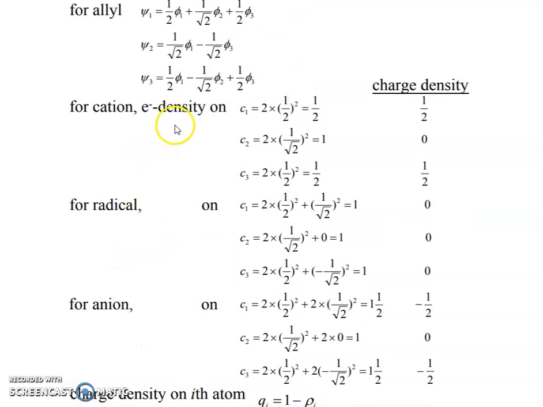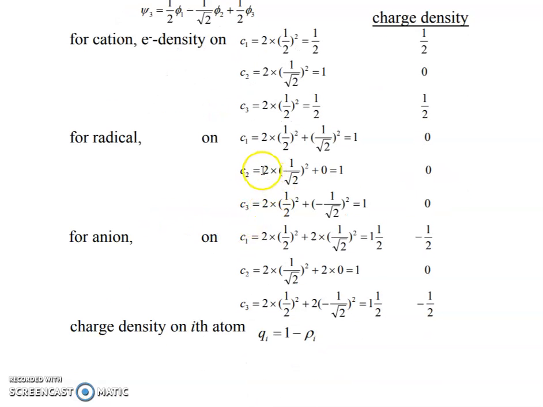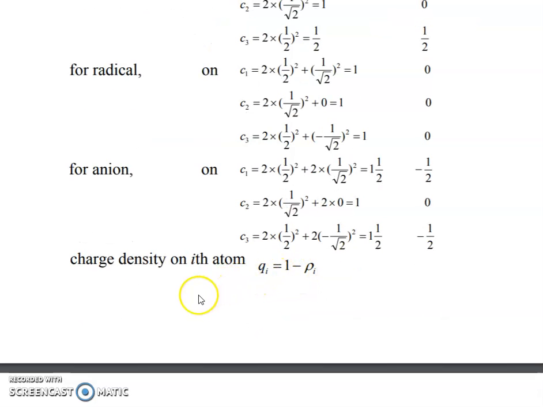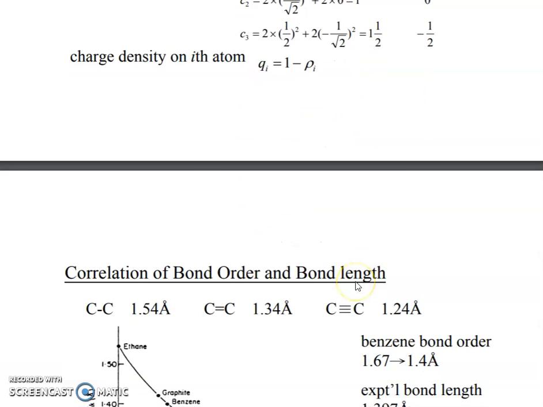For the cation, electron density: just calculate C1, C2, C3, half, 0, half; charge density half, 0, half. For the radical, 1, 1, 1, charge density 0, 0, 0. For the anion, electron density 1.5, 1, 1.5, and charge density minus half, 0, minus half. So charge density on each carbon, Qi, is equal to 1 minus rho i.